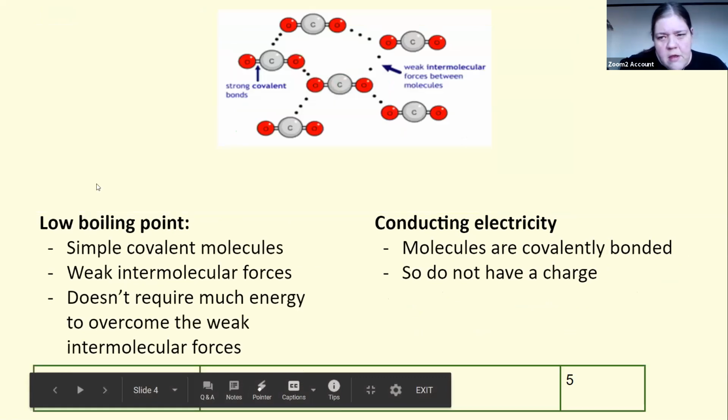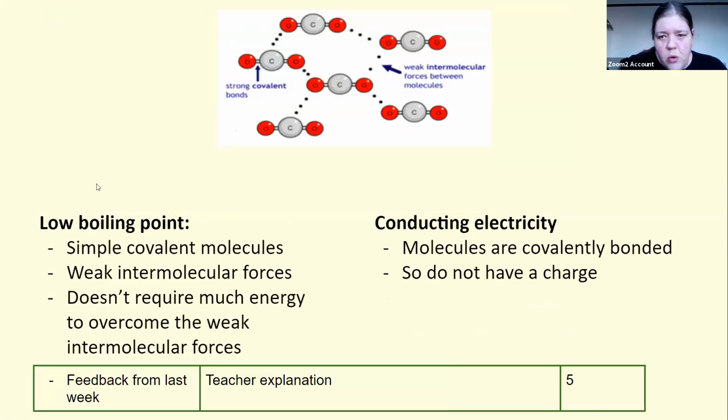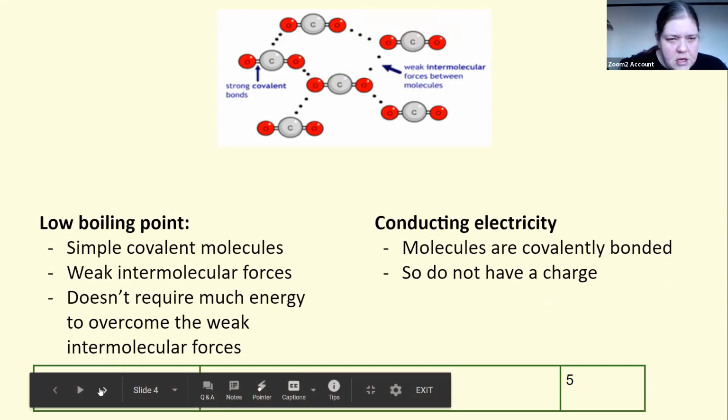Then your simple covalent molecules have weak intermolecular forces, and that word is referring to between the molecules, so between one carbon dioxide in this picture's case and the other carbon dioxide. So the force between them is intermolecular, and that's weak. And these molecules have covalent bonds. Okay, so that is me just wanting to go on about that.